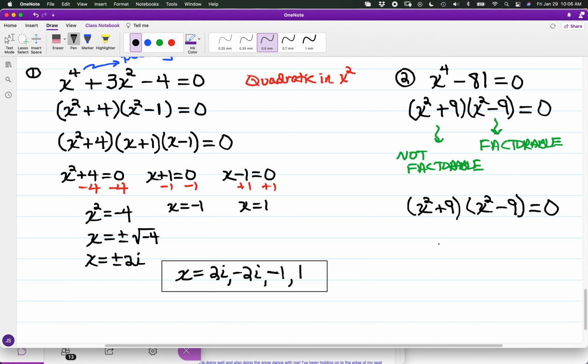And let's say I bypass factoring x squared minus 9 into x plus 3 and x minus 3, and we just go ahead and set these second order expressions to 0.